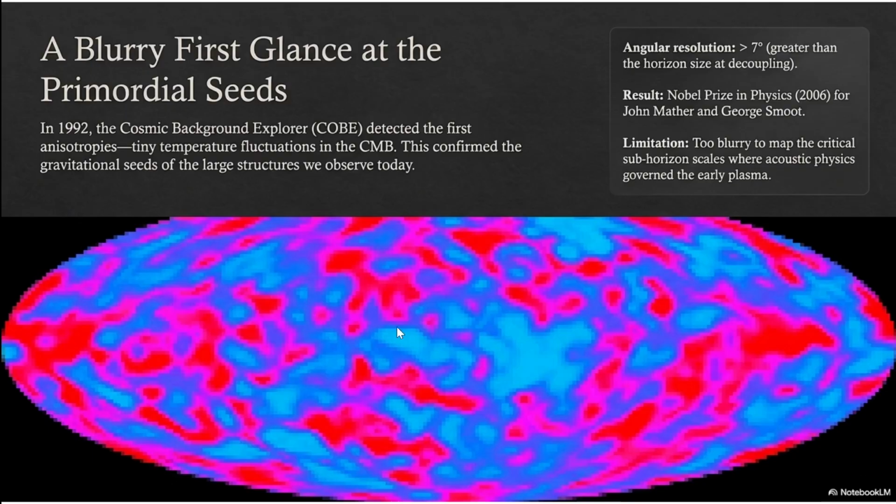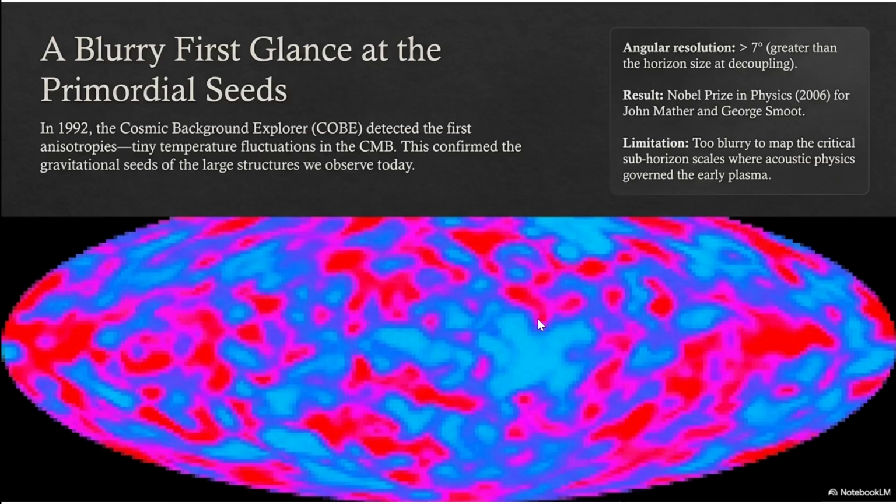Now, COBE is still limited, though. You can see that this image is quite grainy. And in terms of really understanding the role of dark matter or dark energy, which was not really known, dark energy wasn't really known in 1992, but for dark matter there's already pretty solid evidence.